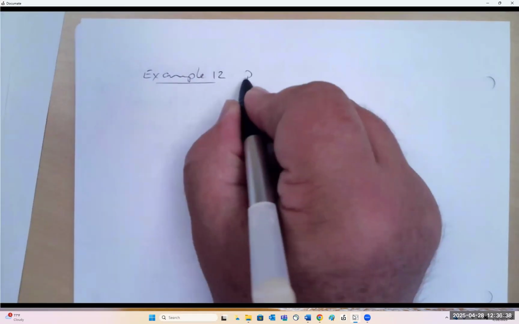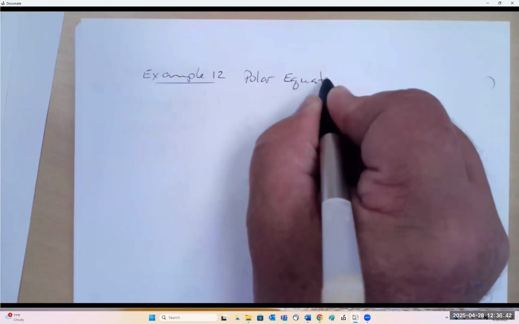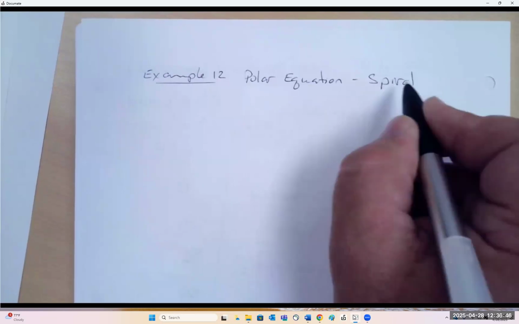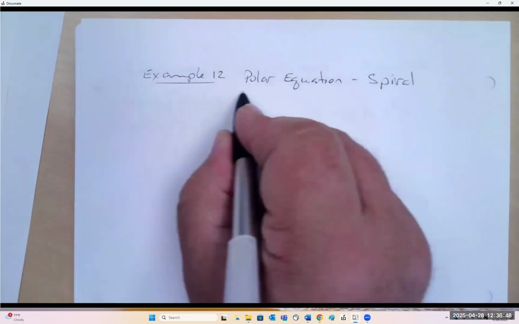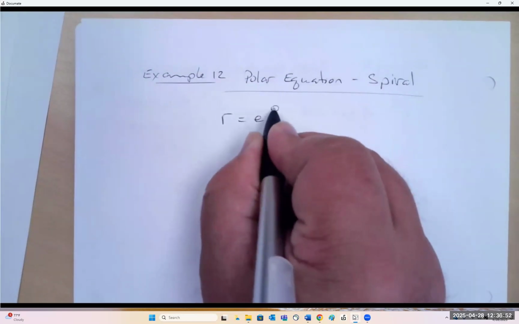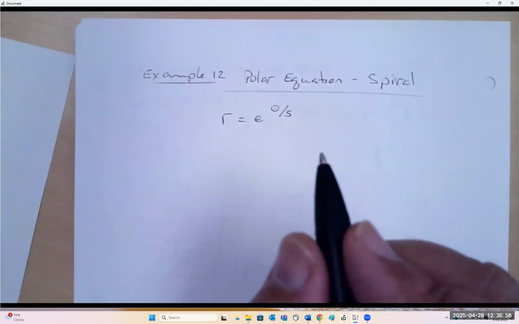Example 12. Polar equation, a spiral. R equals e to the power theta over 5.